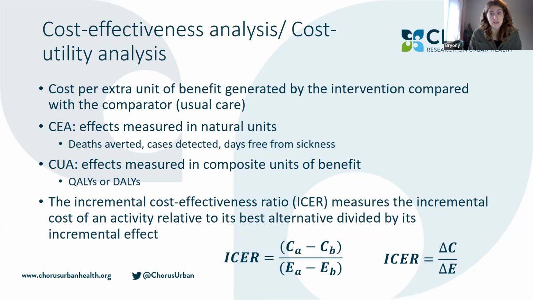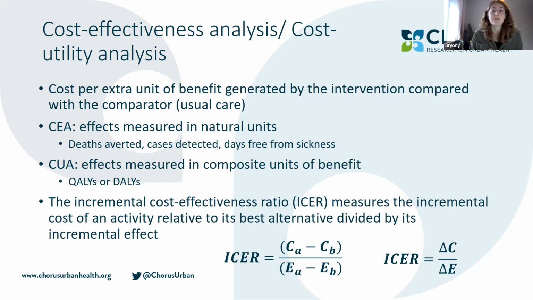So in cost effectiveness and cost utility analysis, we aim to measure the cost per extra unit of benefit that's generated by the intervention compared with the comparator, which most of the time is usual care. So what's happening with the new intervention compared to what we would normally do in standard practice.